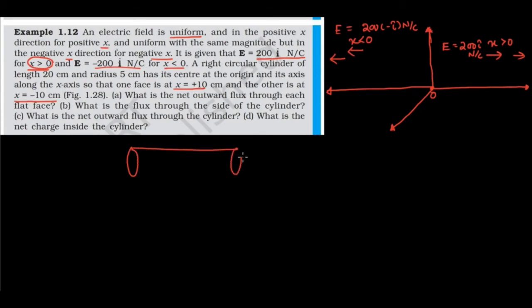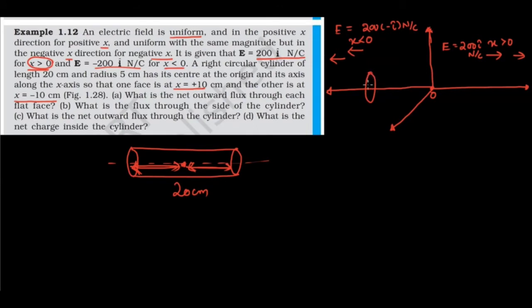It is given that the length of this cylinder is 20 centimeter and the axis of the cylinder is parallel to the x-axis, and the center of the cylinder lies on the origin. It means this is one half of the cylinder, this is the other half of the cylinder. If the center lies at the origin, then this half will lie in the positive x direction and this half will lie in the negative x direction. So let me draw the diagram here.